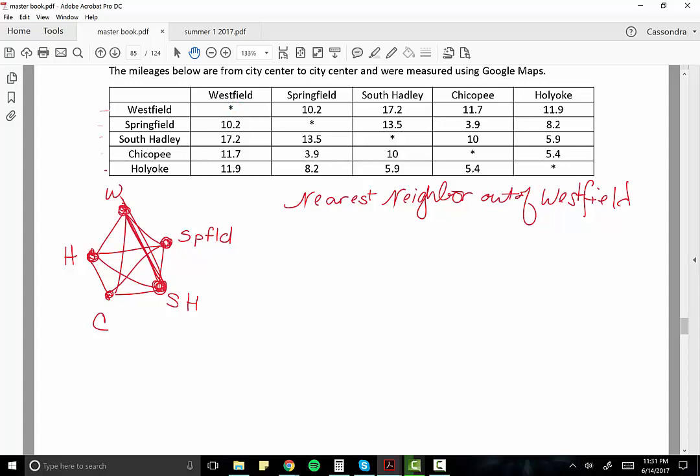So from Westfield, we're going to go to Holyoke. From Holyoke, we're going to go to Chicopee. From Chicopee, we are going to go to Springfield.